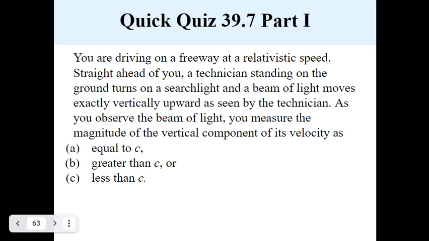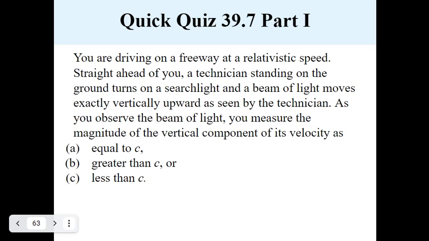So you see that there are two components to the light's speed. There's a component that's shooting into the sky, and that's a vertical component, but there's a horizontal component that's moving towards you. But this is light, so the total speed should be equal to c.